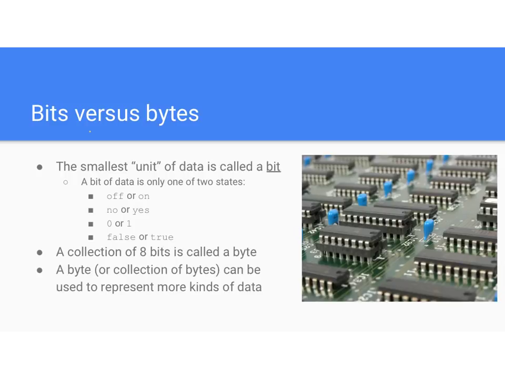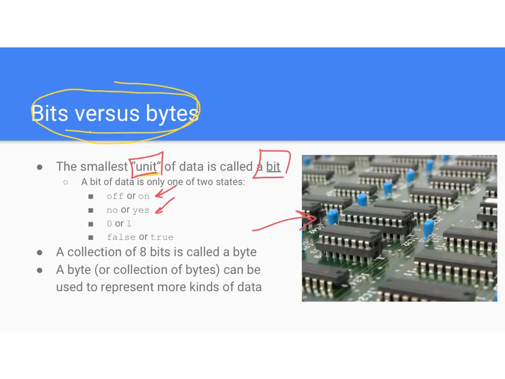So let's start with bits versus bytes. We kind of already talked about this. You've seen the slide before. But just remember the smallest unit of data is called a bit. A bit is a single transistor on your computer, basically an on-off switch. The switch can be set to off or on. We could have that off or on represent some interesting data, though. Off can represent the word no, while on can represent the word yes.